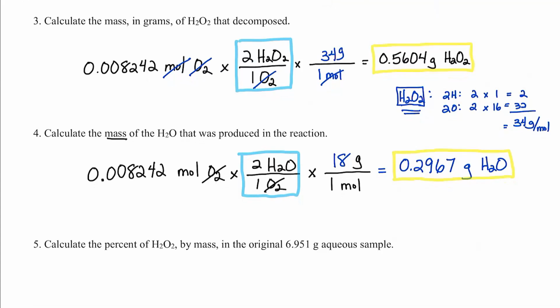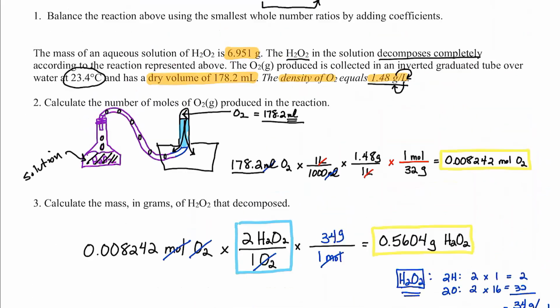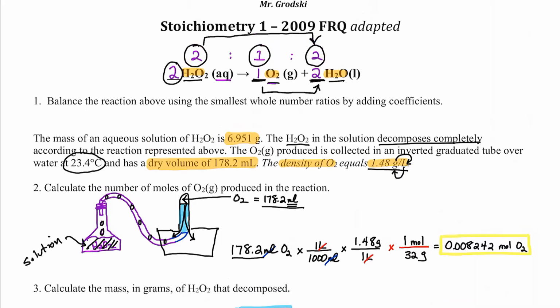And I didn't cancel my moles here because we have to be in a how many number to use a how many ratio. We can't take the grams and times it by that ratio, right? Chemical formulas and balanced chemical reactions are not about mass, okay? They're about how many of each. Okay, very, very important.